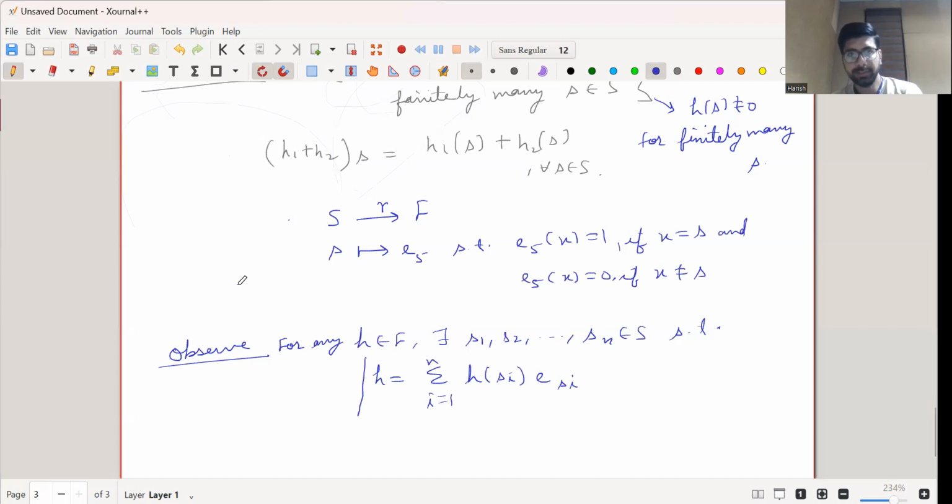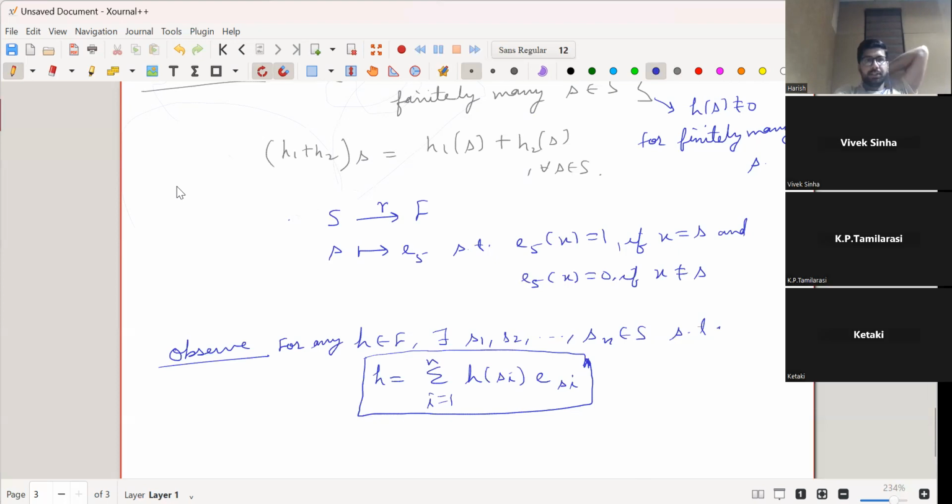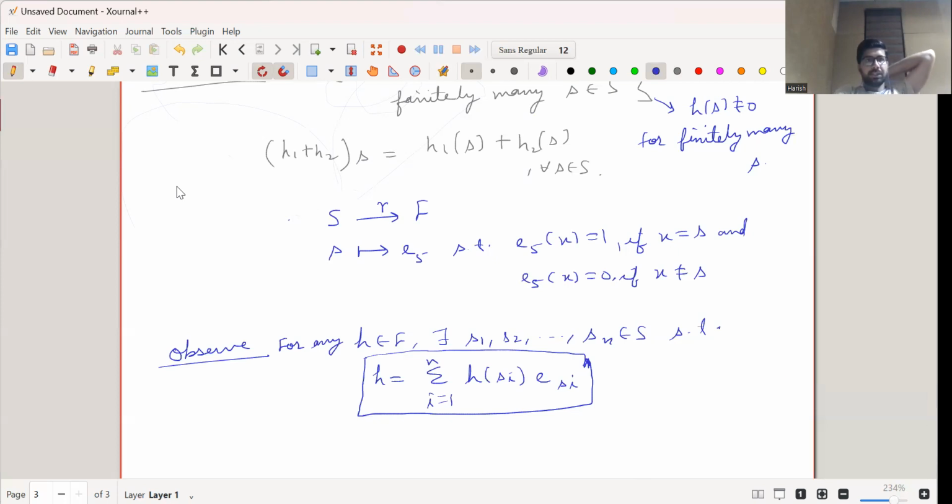Because H will take non-zero value at only finitely many points. So these Si are nothing but the points where it takes non-zero values, and you can write this H as this sum. Again, this is the most obvious thing to do.